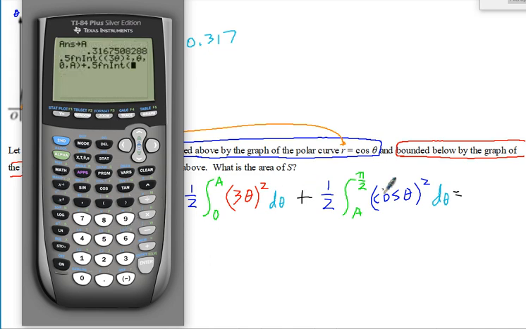And here open parentheses cosine of theta. Close parentheses on the cosine, close parentheses so we can square cosine. Then comma, thetas are variable, comma lower limit alpha a, comma upper limit pi over 2.